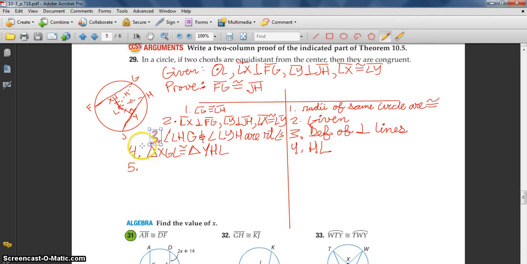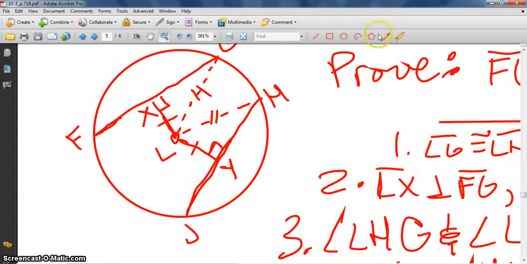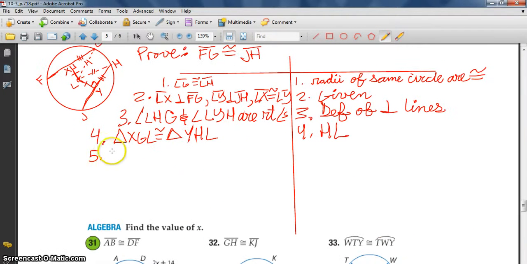Okay, and by CPCTC, we can say that XG and YH are congruent. So XG and YH are congruent by CPCTC. Corresponding parts of congruent triangles are congruent.